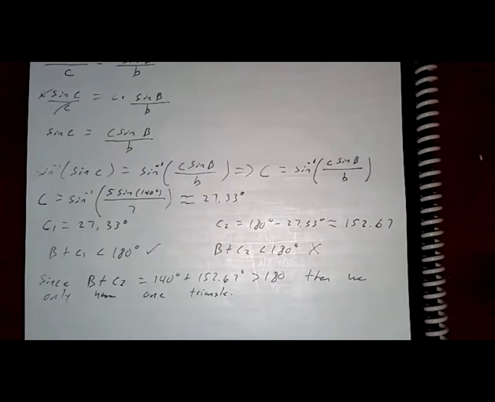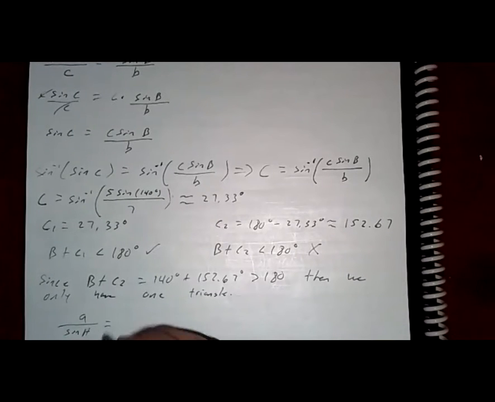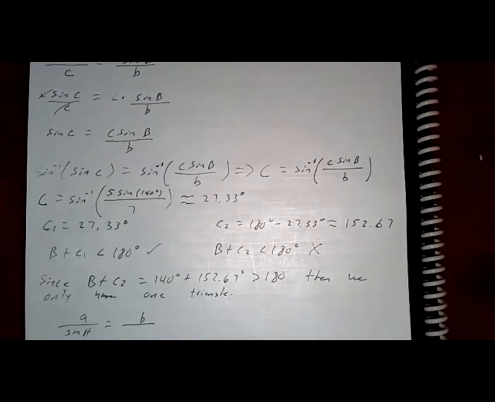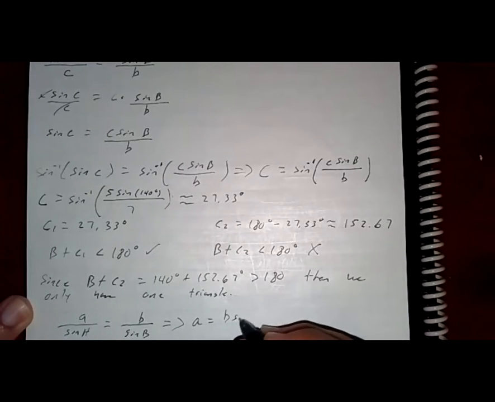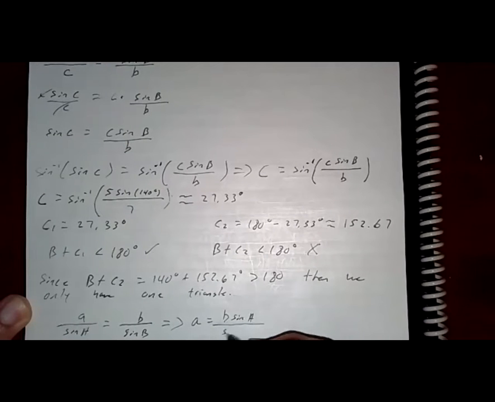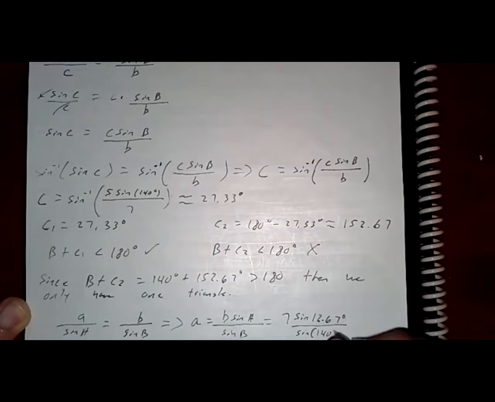Now we'll just find little a and we're done. A over sine A is equal to, I'll use the B just because they're more exact. Solving for little a, A will be equal to B sine A over sine B, which is equal to 7 sine 12.67 over sine of 140.